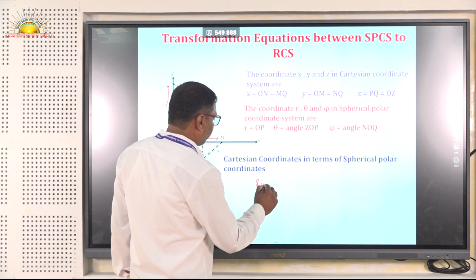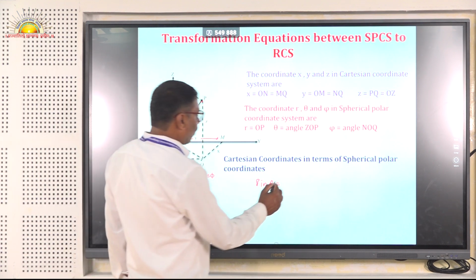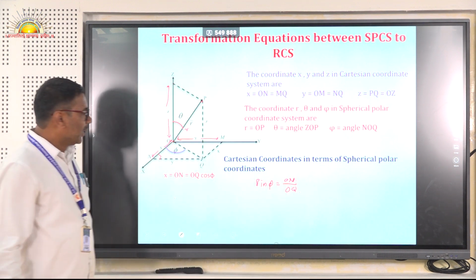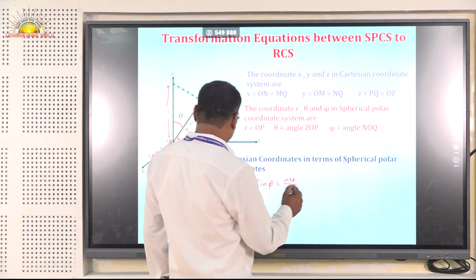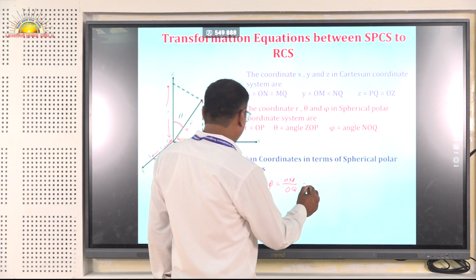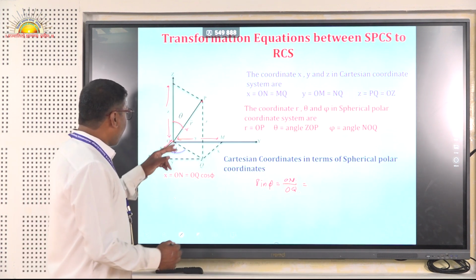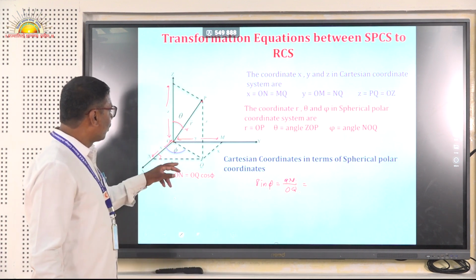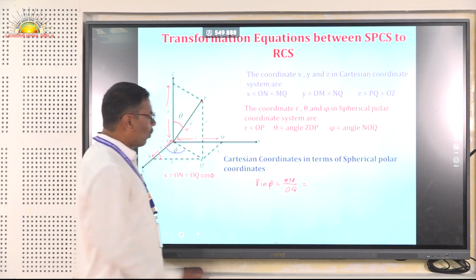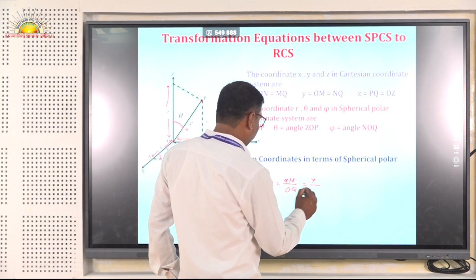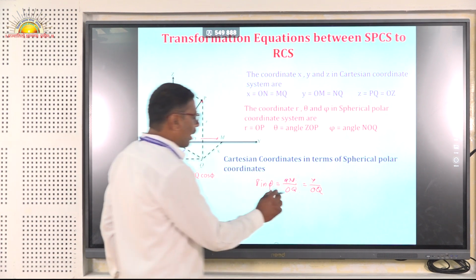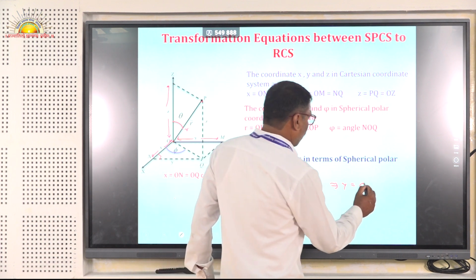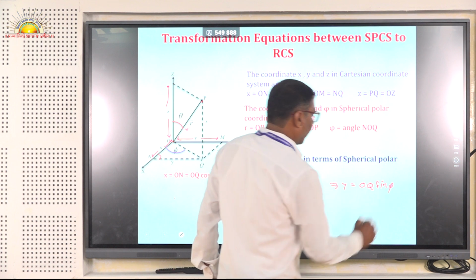If we take sine of phi, sine phi is equal to the opposite side QN divided by the hypotenuse OQ, which is y divided by OQ. This implies y is equal to OQ sine phi.